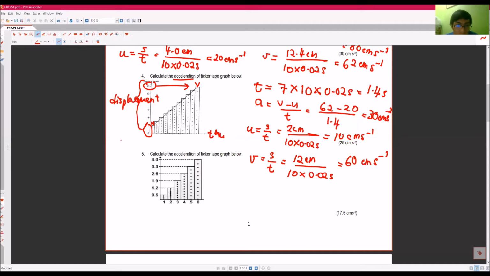So how about the time taken between the u and the v? Calculate the number of jumps. 1 jump, 2 jumps, 3, 4, 5, 6, 7, 8, 9, 10 jumps. So 10 jumps times 10 times 0.02 second, that is 2 seconds. Plugging that into the formula, v is 60, u is 10, divided by 2 seconds.